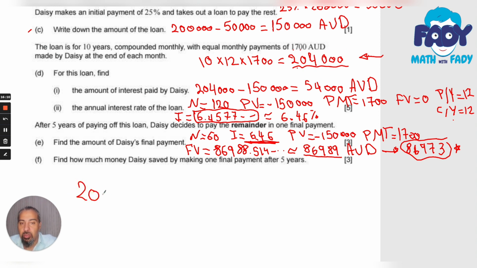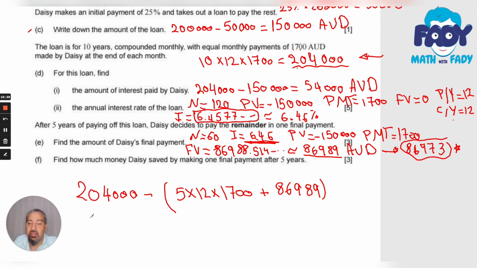So 204,000 minus, this is what she must originally pay, minus 5 years, 12 payments of 1,700. This is what she already paid during the 5 years, plus her final payment, 86,989.